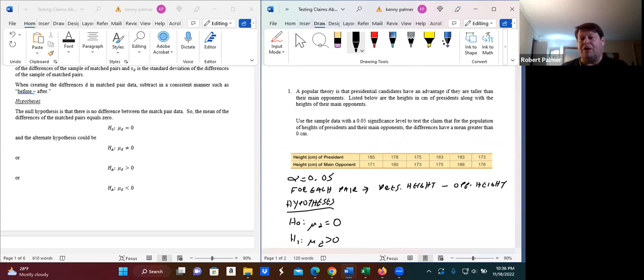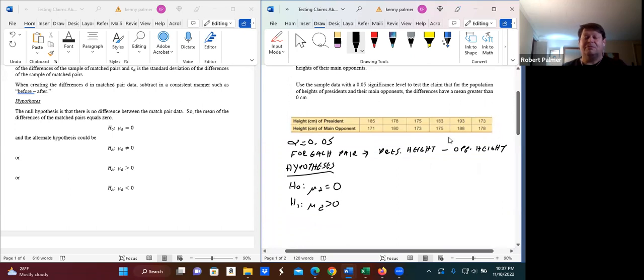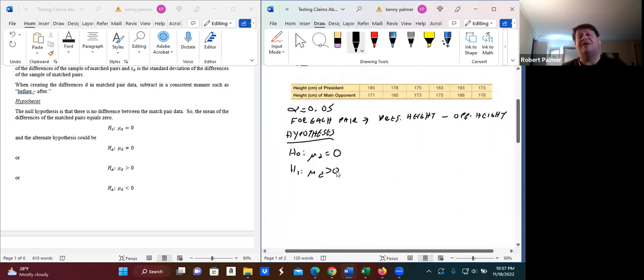If the mean of these differences is greater than 0, then on average those differences are going to be positive, and that means that typically presidents will be taller than their opponents. So the question is, is there enough evidence to support that claim?